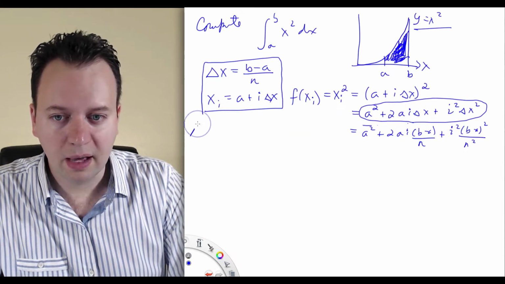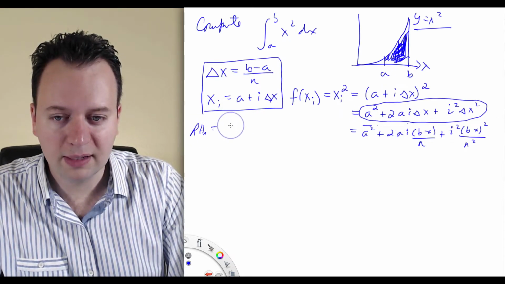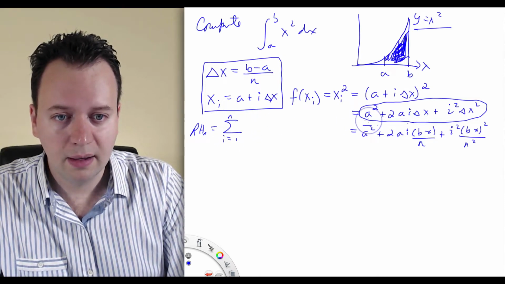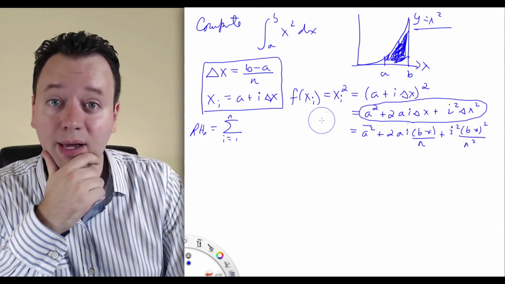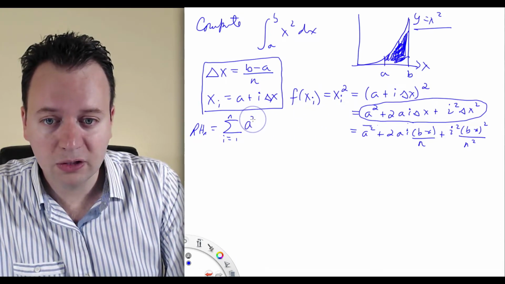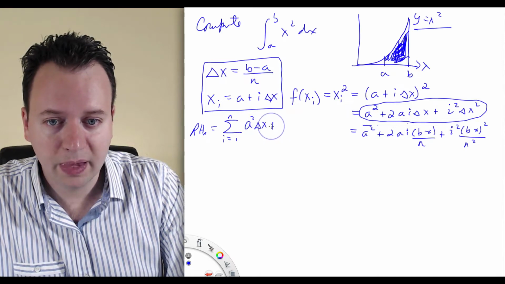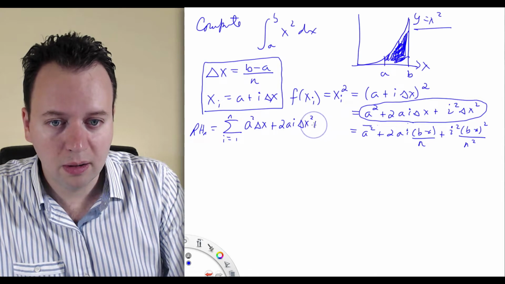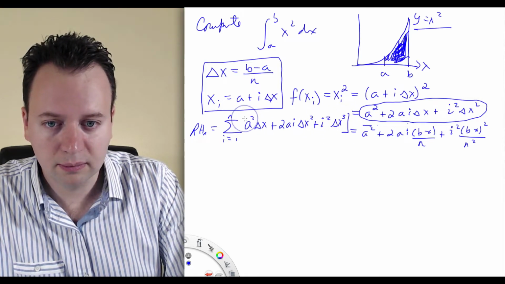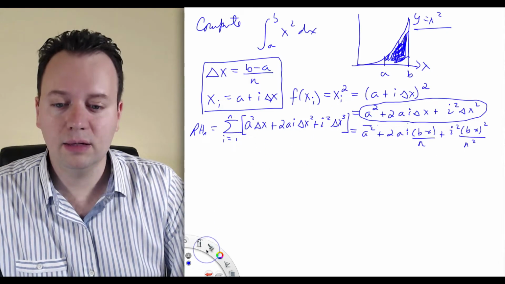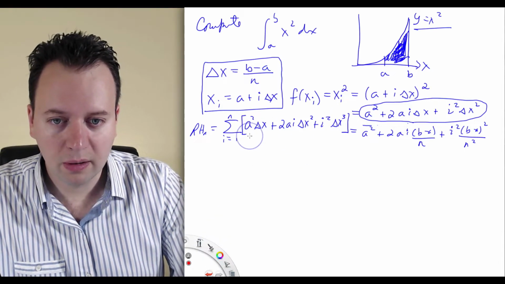So the right-hand Riemann sum with n subintervals is the sum from i equals 1 to n of f of x sub i all times delta x. So it's a squared times delta x plus 2a i delta x squared plus i squared delta x cubed. So that is the formula for the Riemann sum.